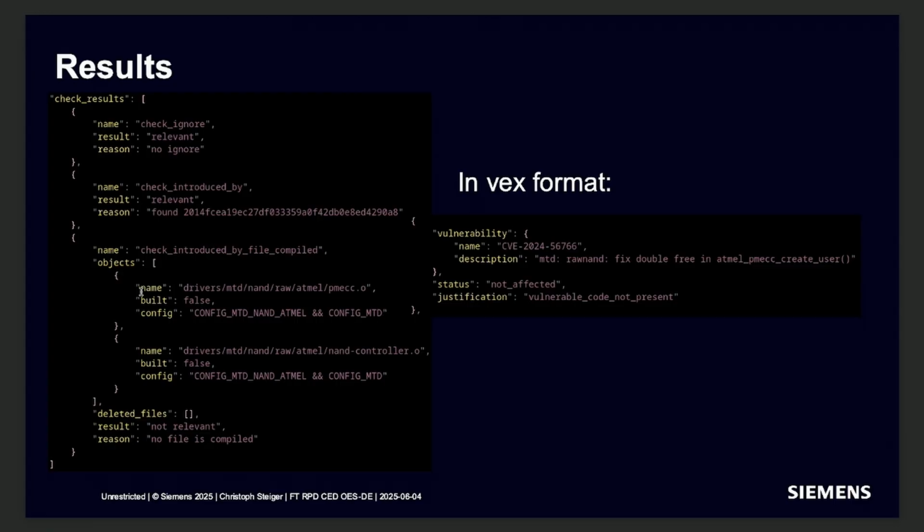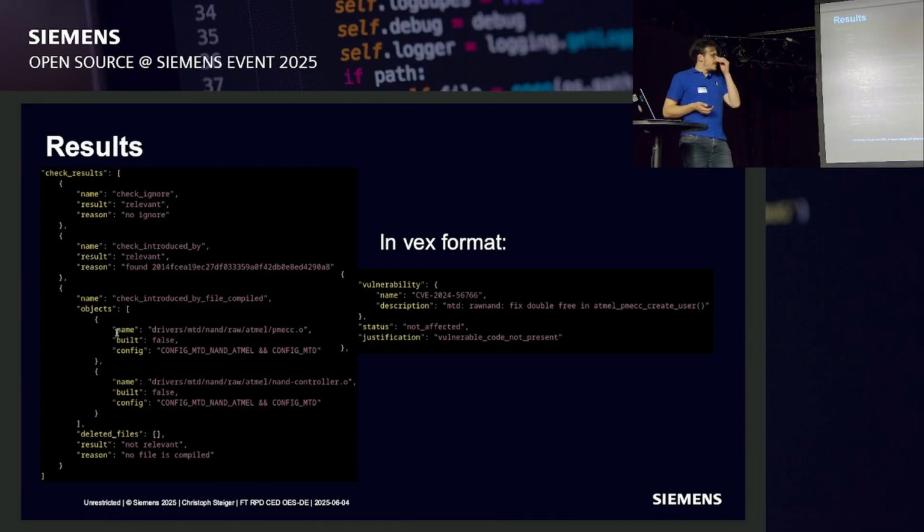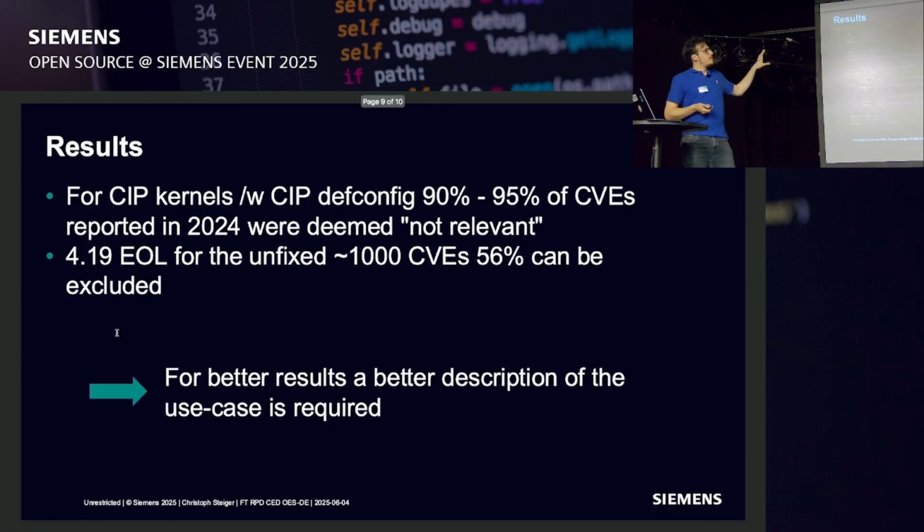Now, the more interesting part: this is one check that runs. If you actually run this tooling for the CIP kernels, I think there are 5 kernels now in the super long-term stable support for the CIP project, which is 4.4, 4.19, 5.10, 6.1, 6.12, and I ran all of these kernels.